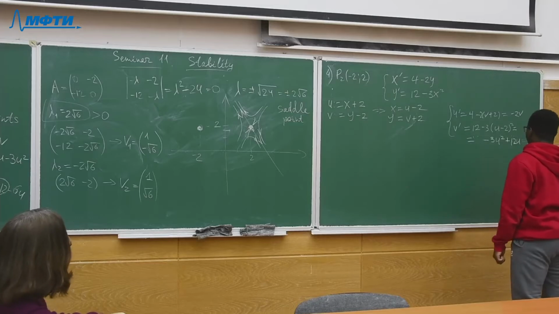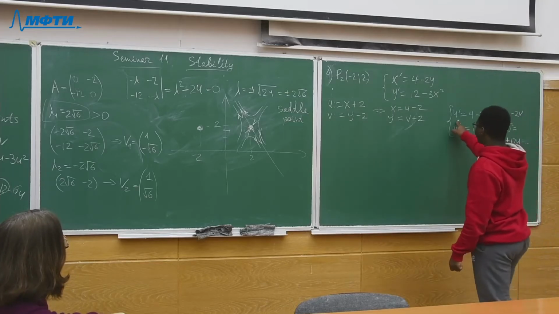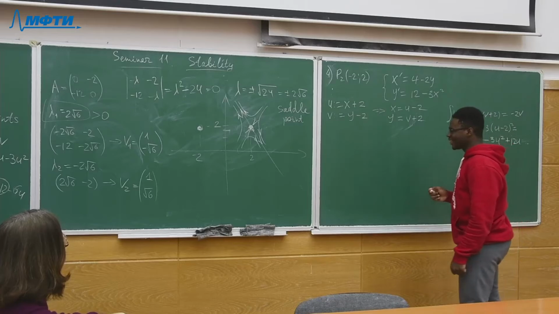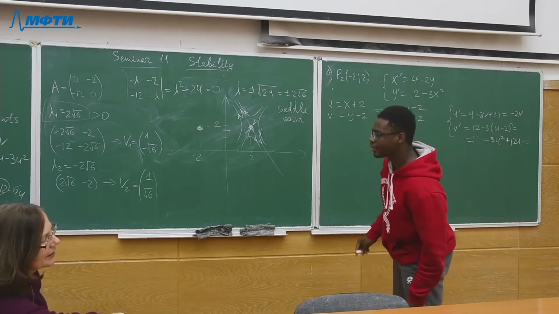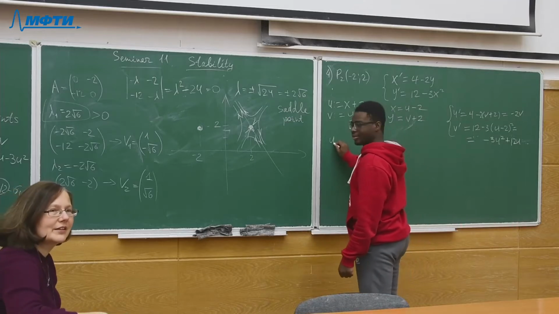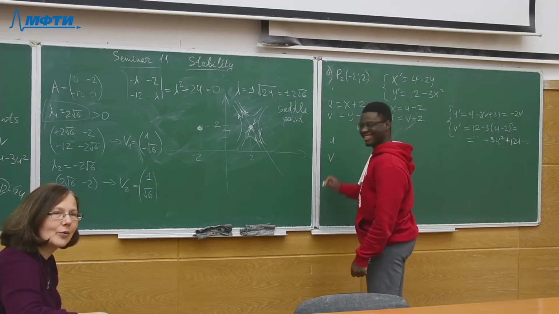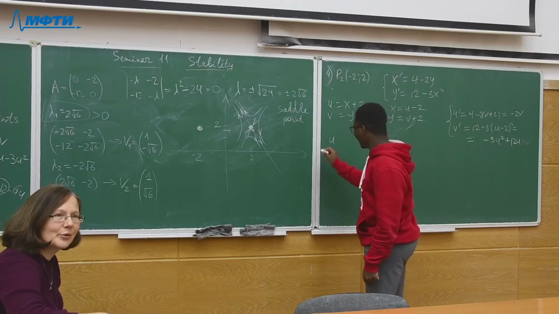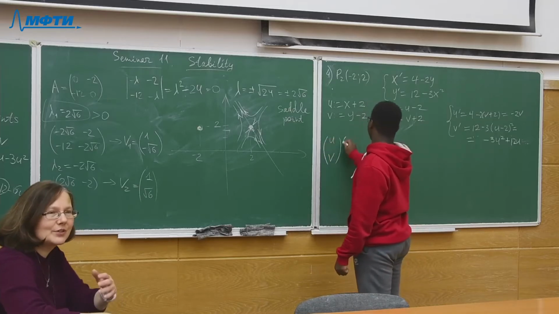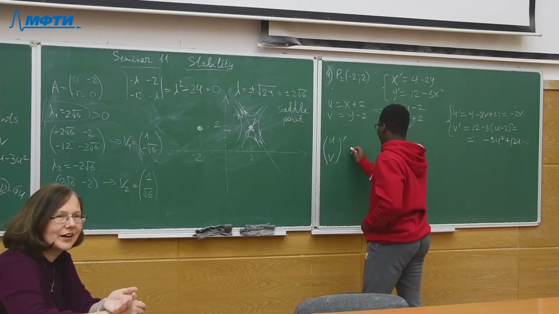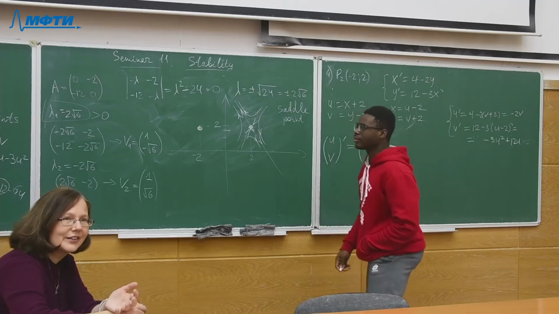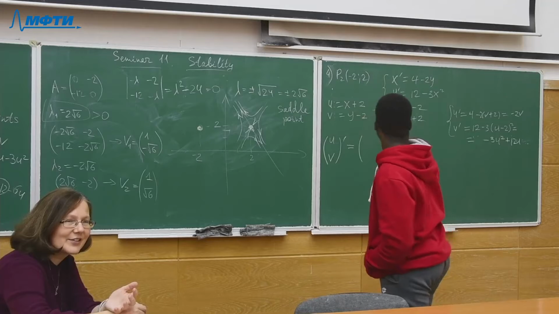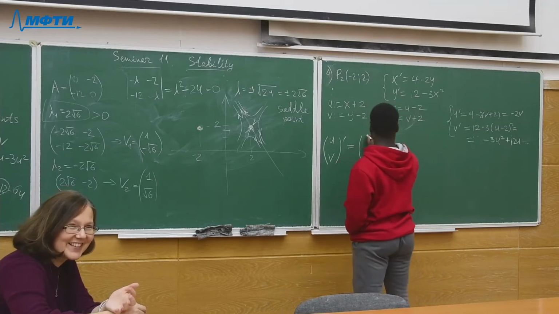Now we need to make the Jacobian matrix. Did you discuss this matrix in calculus, the Jacobian matrix, the matrix of partial derivatives?